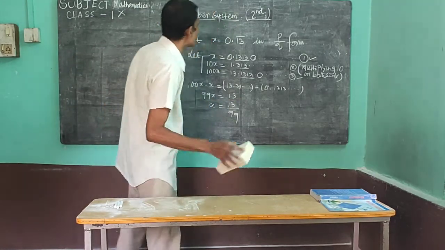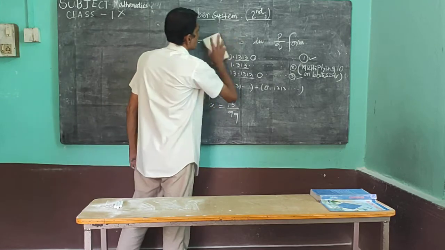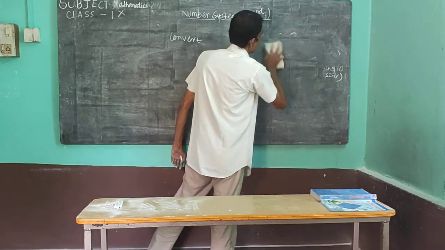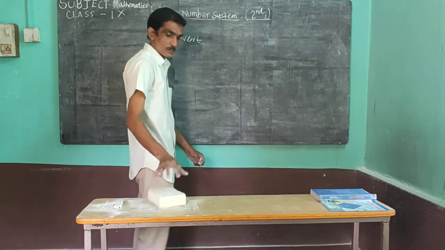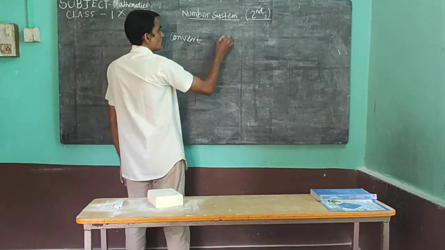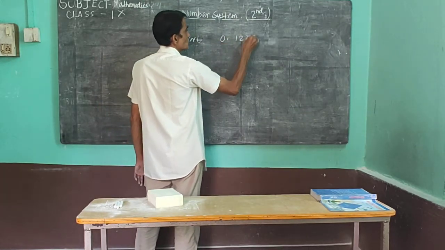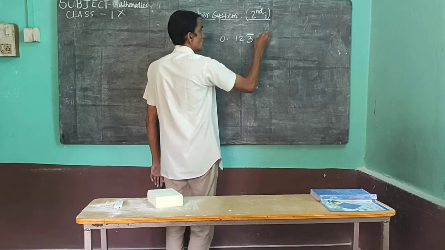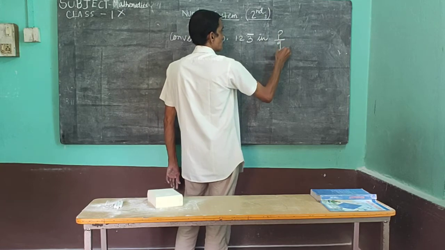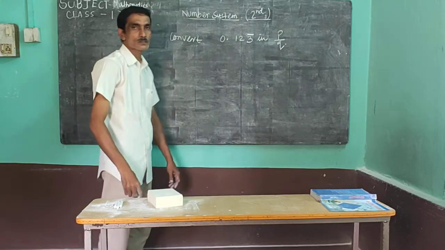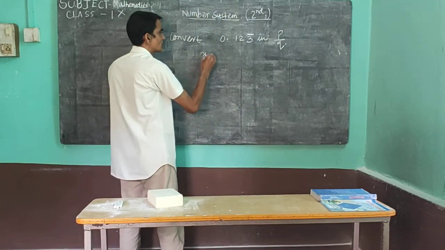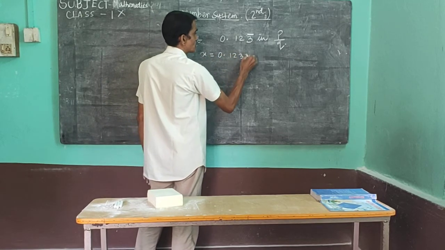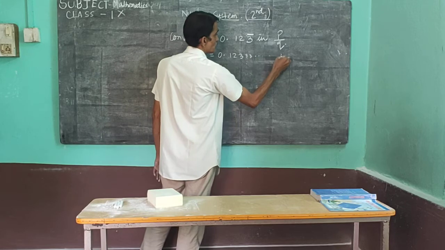Another example. Convert 0.123 with bar on the 3 into p upon q. Same method: let x equal 0.12333..., where 3 is repeating, equation 1.